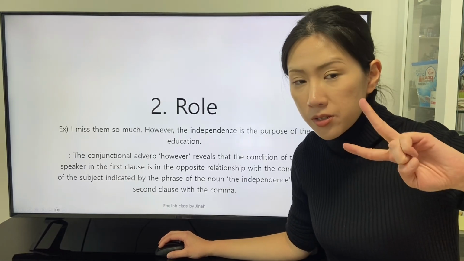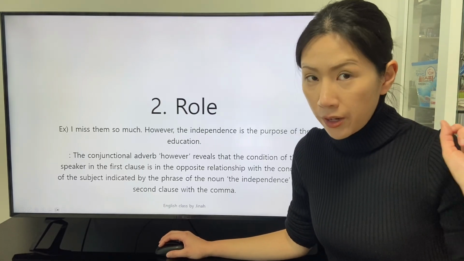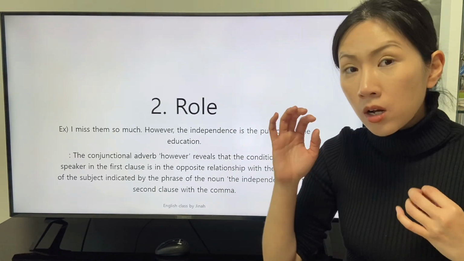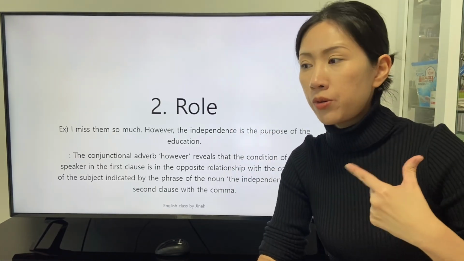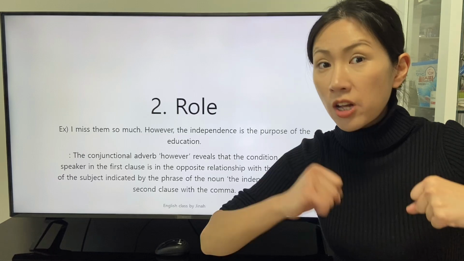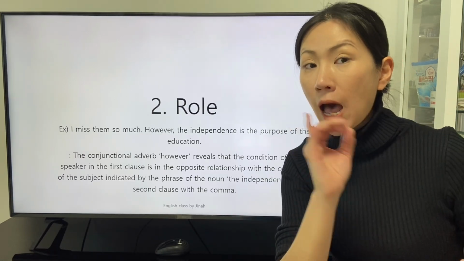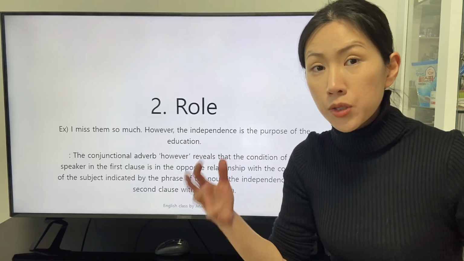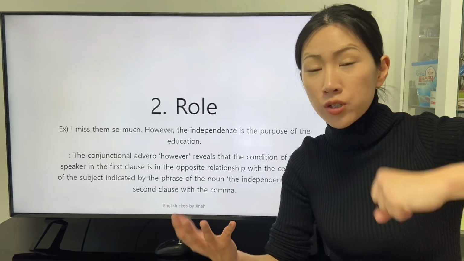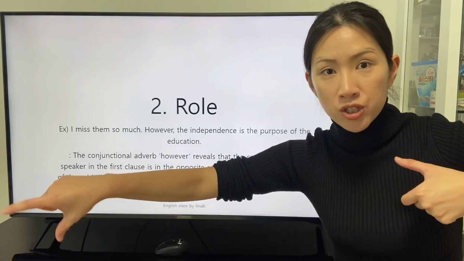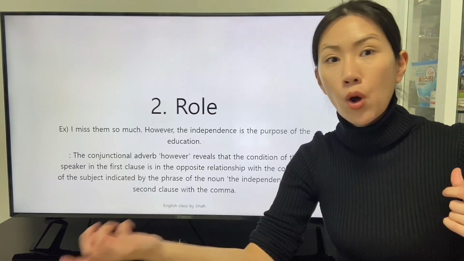There are two clauses and the adverb, however, connects the logical relationship between the clauses. The adverb, however, reveals the reason why two clauses are arranged in a row.